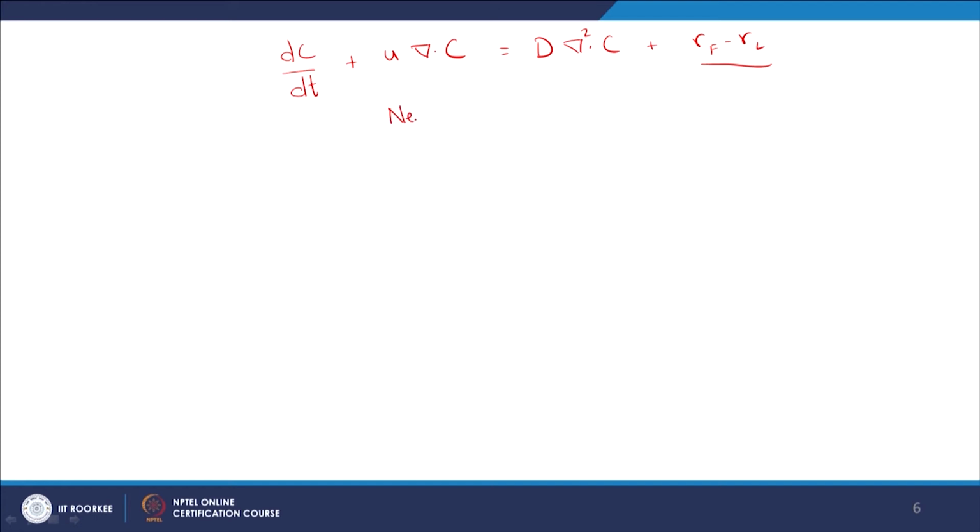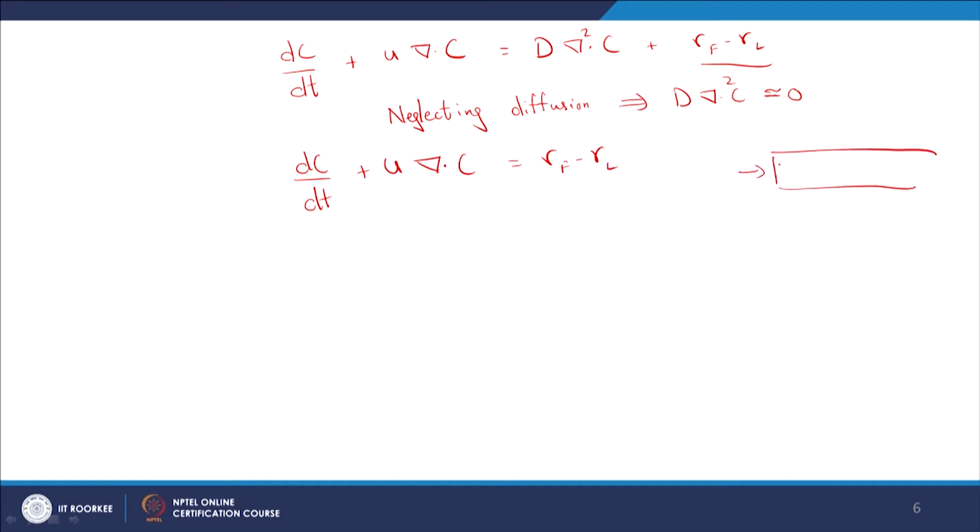So neglecting diffusion here, that means D del square c is equal to 0, right. So here what are we now left with? dc by dt plus u del c is equal to rate of formation minus rate of loss. So in a plug flow, I guess, right, the concentration is only changing with one dimension, let us say. So del, what is del? Del more or less, or del product gives us an idea about dou by dou x, dou by dou y and dou by dou z, right, del product.